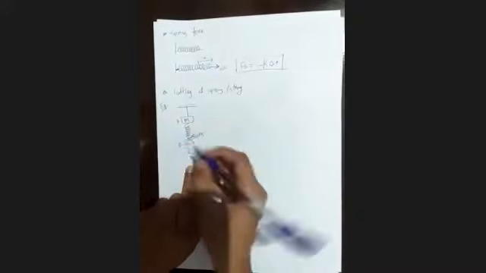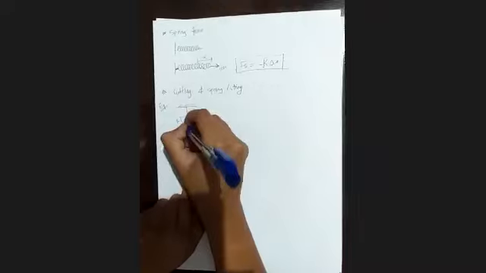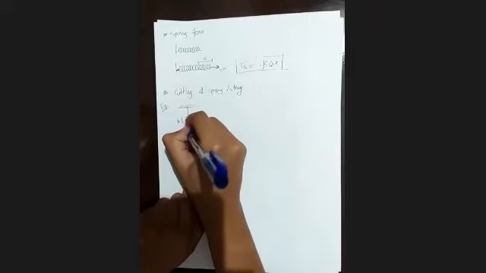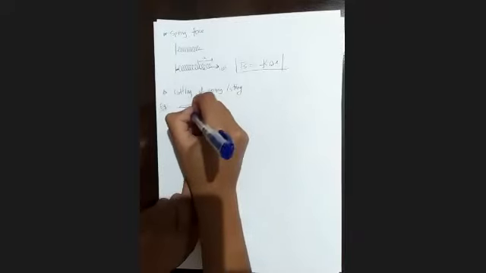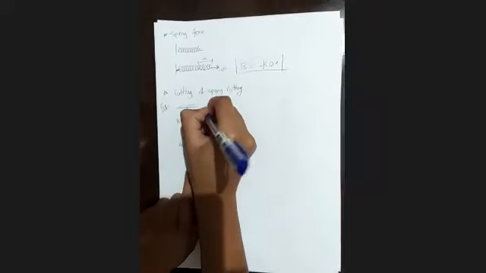This is mg coming downwards, and upwards the spring force, which equals mg also. The gravitational force of this block will be mg, and the spring force also equals mg. So the tension in this string will be 2mg. This is the equilibrium condition.